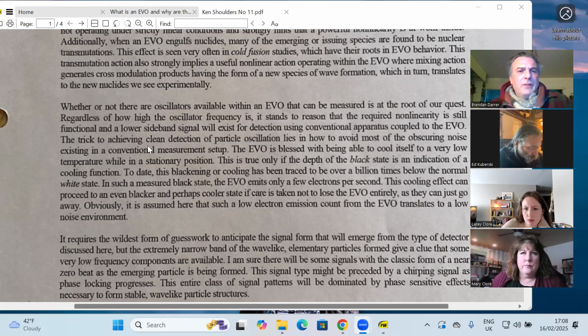The trick of achieving clean detection of particle oscillation lies in how to avoid most of the obscuring noise existing in a conventional measurement setup.